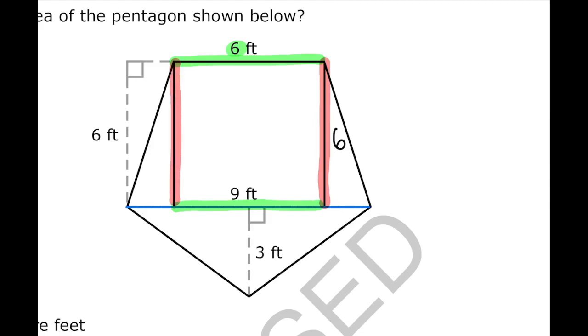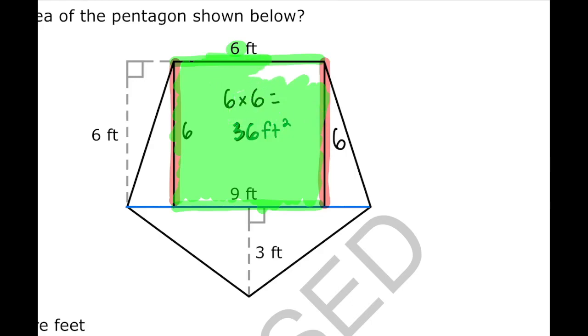So on the inside, we have a 6 by 6, which means it's a square. How do you find the area for a square? You simply multiply. 6 times 6 gives me 36. So the area just for this part is 36 feet squared, and we're done with this portion of our figure.